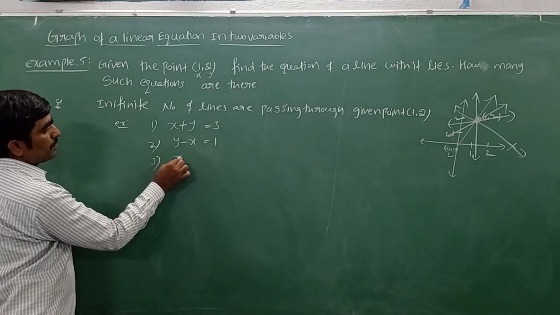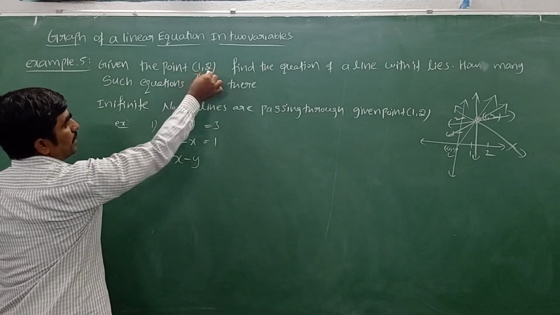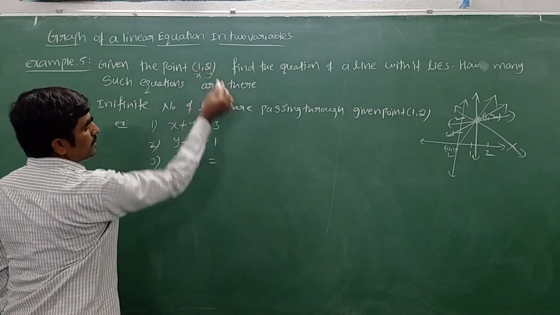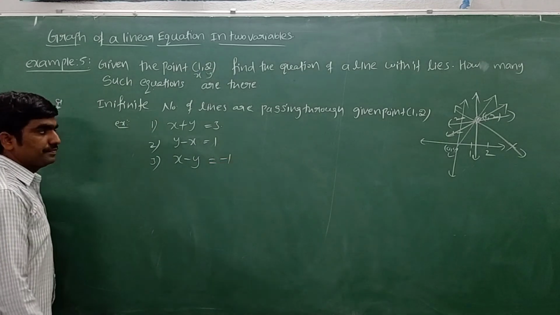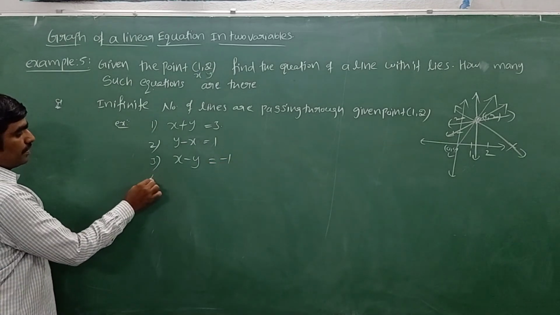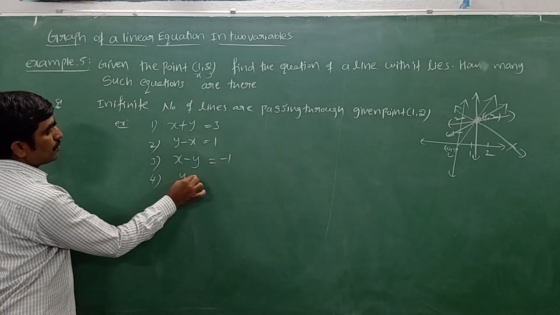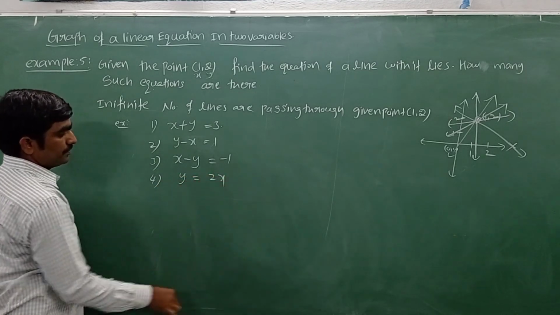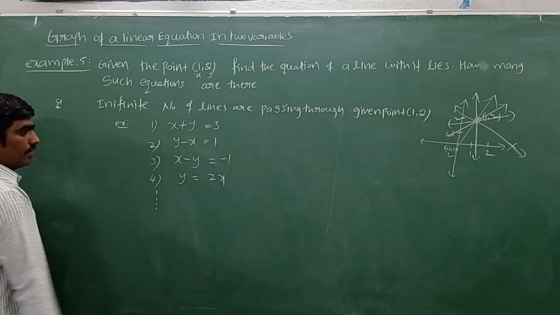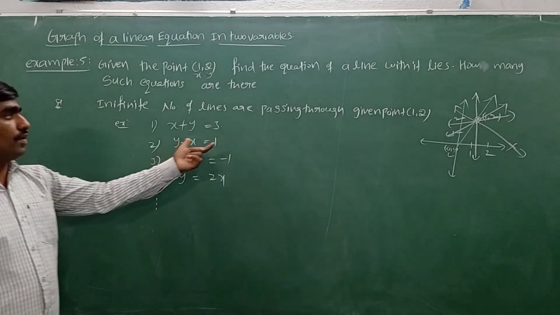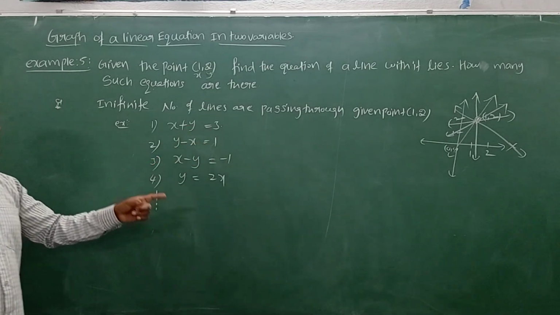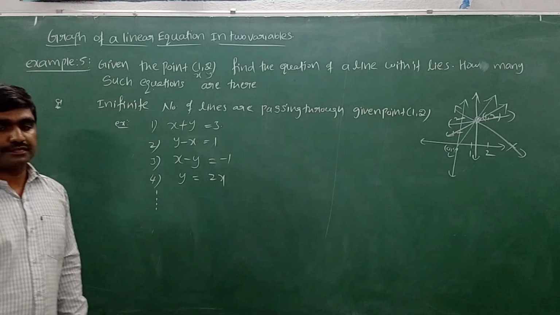Suppose x minus y is equal to 1 minus 2, which is minus 1. And more, like y is equal to 2x. So we can write an infinite number of line equations which are passing through the given point.